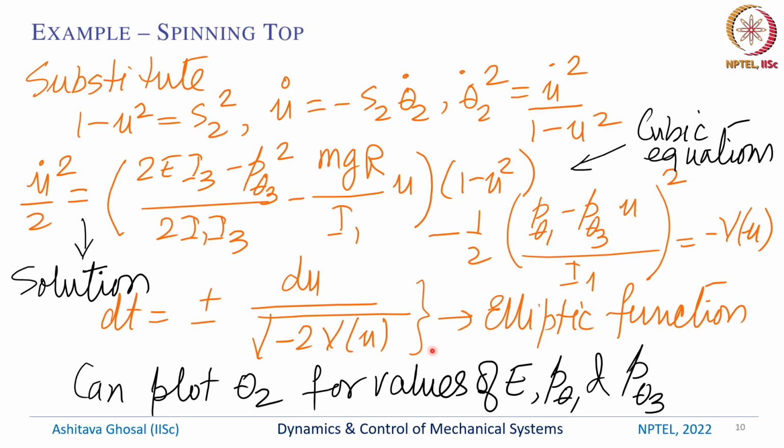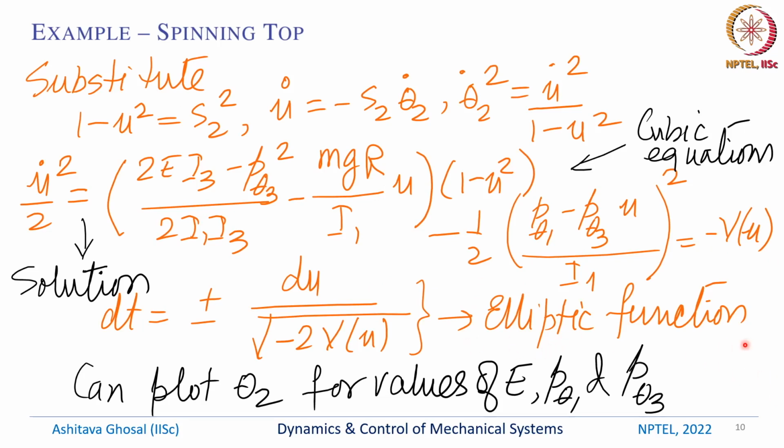If you have a quadratic, you can say x is minus b plus minus square root of b square minus 4ac, by 2a. So I can write an expression for the solution of a quadratic equation in terms of its coefficients. Elliptic functions are not that simple.